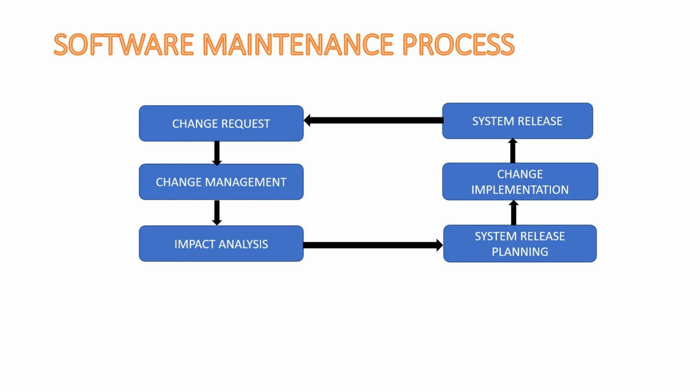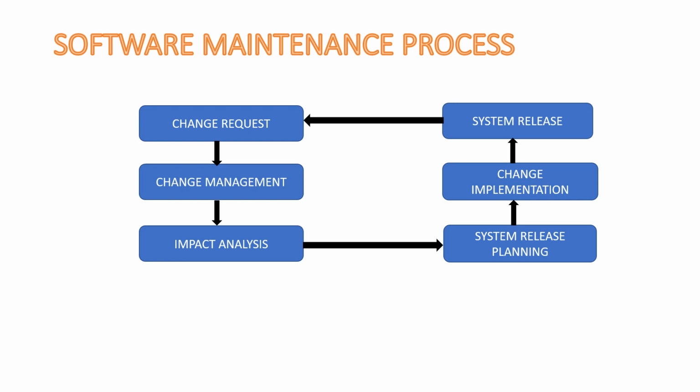After the impact analysis phase, we move to system release planning. System release planning consists of planning the software with all the changes we will be making and how we will be releasing the new software to the user. After system release planning, we implement those changes in the software.